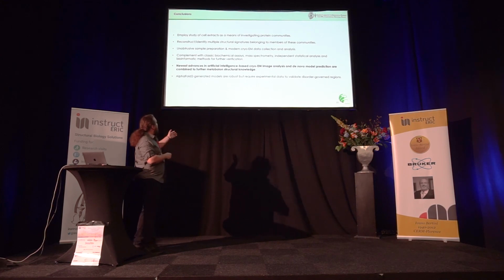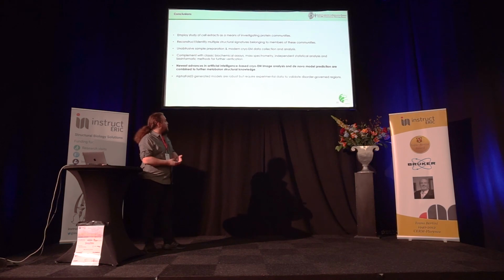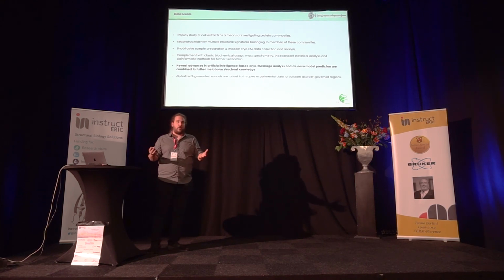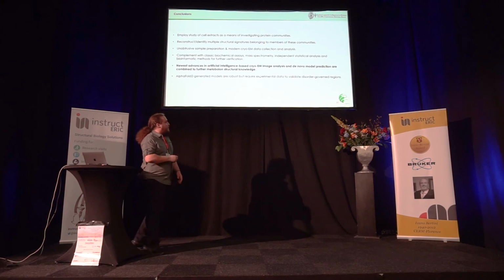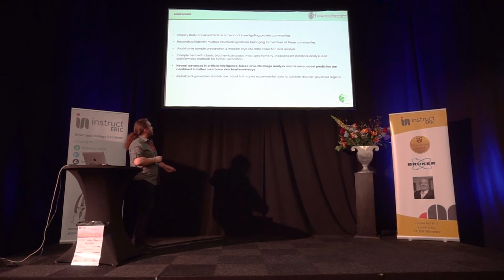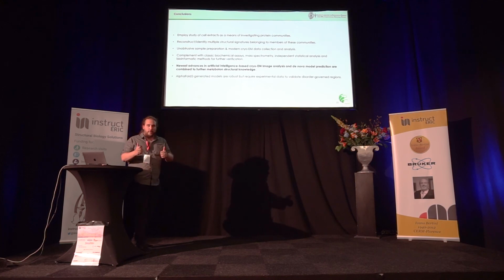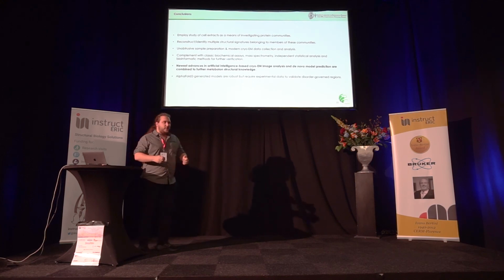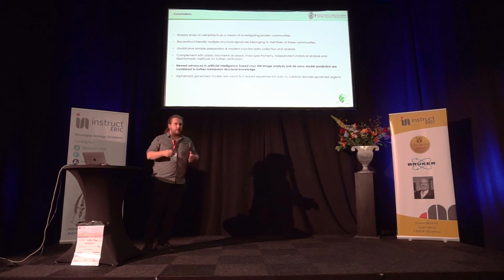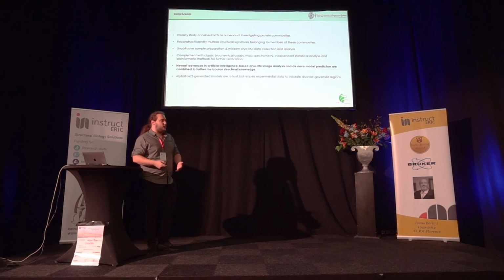We can see that the newest advances in AI and Cryo-EM image analysis and de novo model prediction can further this type of structural knowledge. Another interesting take-home message is that AlphaFold-generated models are quite robust and good, but they should not be taken for granted. It's good to have a starting point, but ideally you should refine them or at least gain some more insights concerning them from your experimental data.